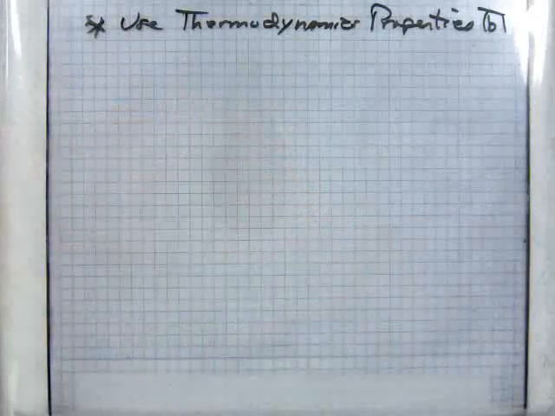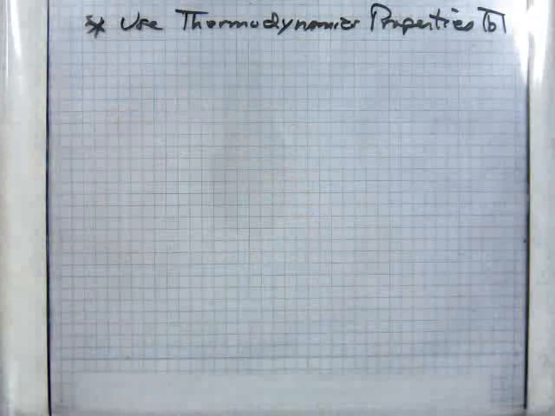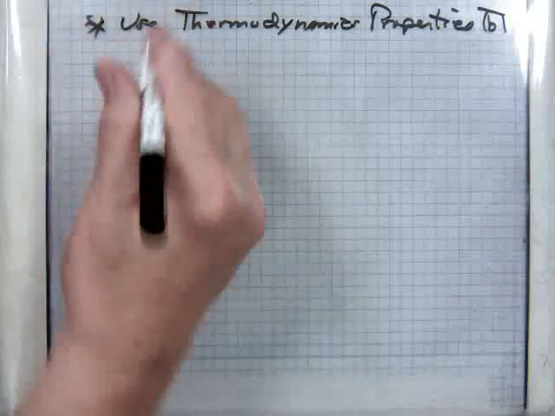Basic standard state substances, or standard state substances, are defined by what we call a heat of formation.